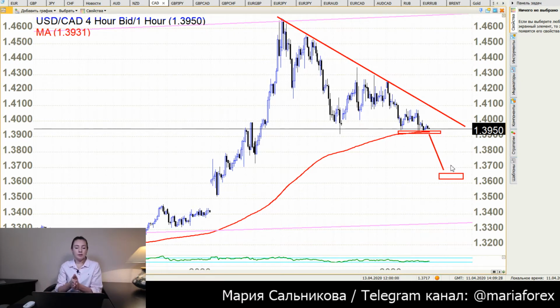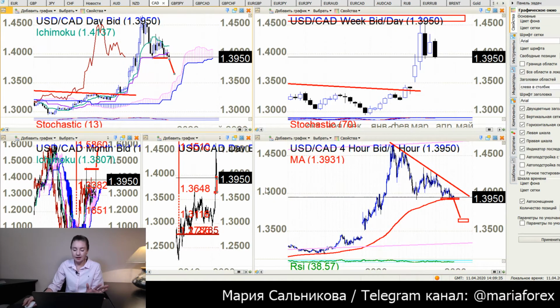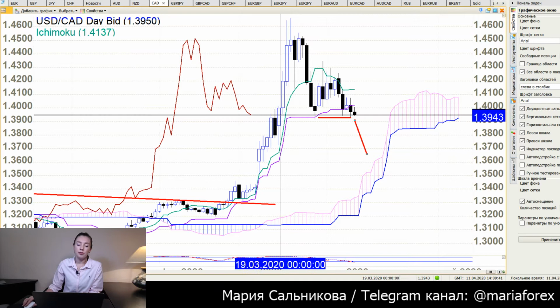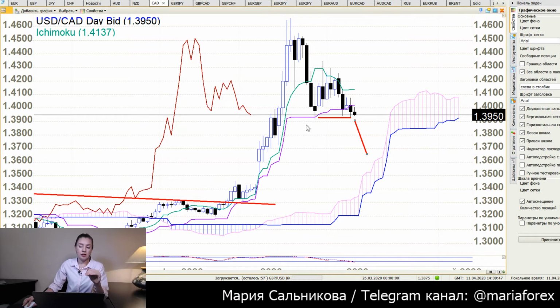If you need me to go deeper into this idea and discuss it with you in detail, well, here we go. Here is what I think is a good opportunity to sell under this level. Here is a horizontal Kijun on the day chart, and this is a good level that the market fills.